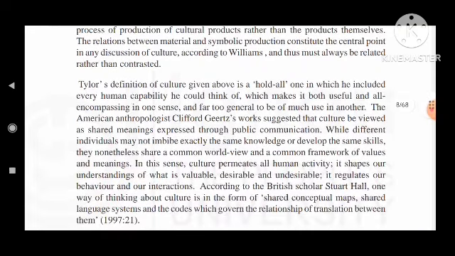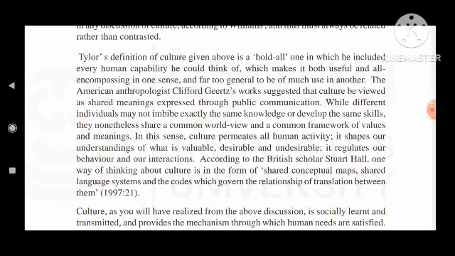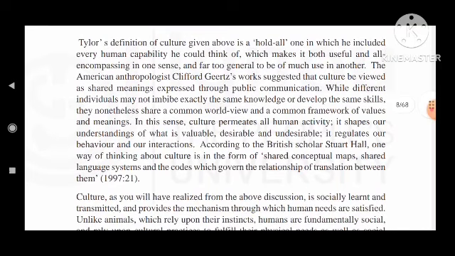Taylor's definition of culture given above is a hold-all, one in which he included every human capability he could think of, which makes it both useful and all-encompassing in one sense and far too general to be of much use in another.